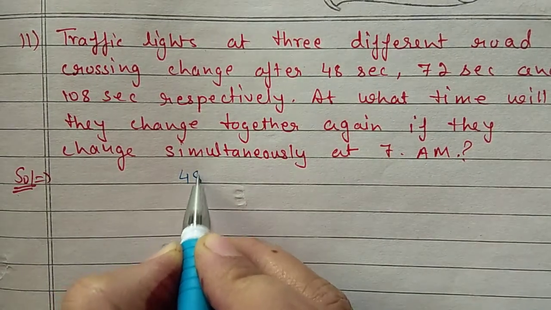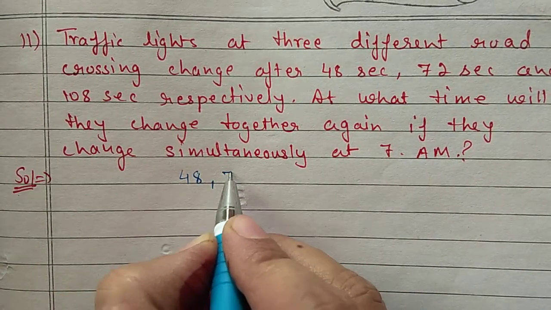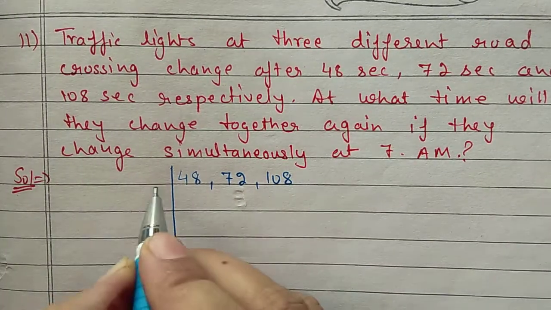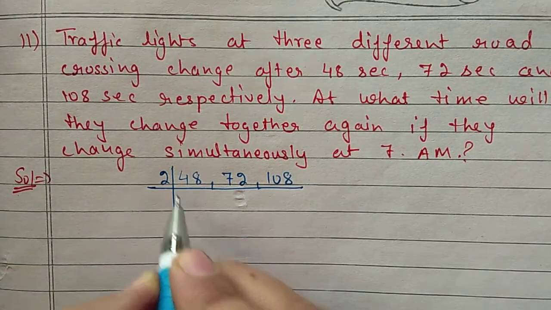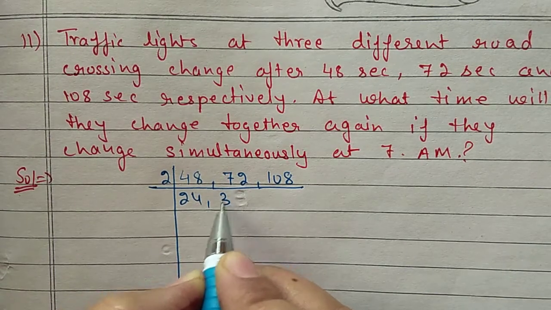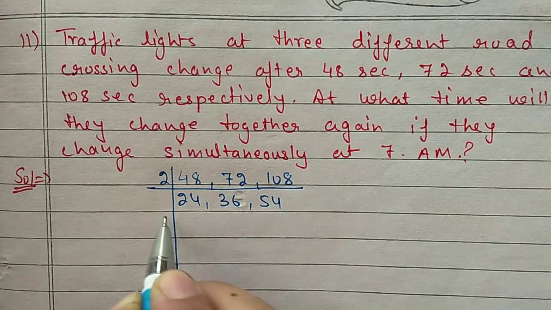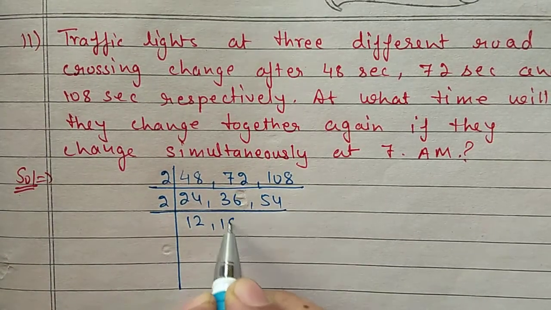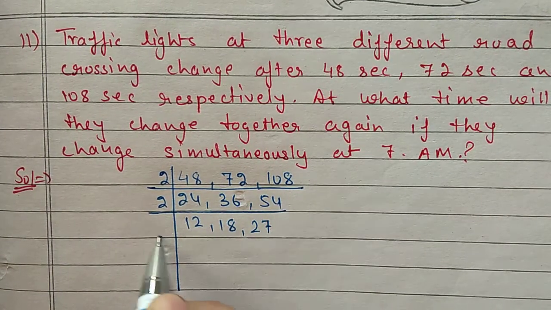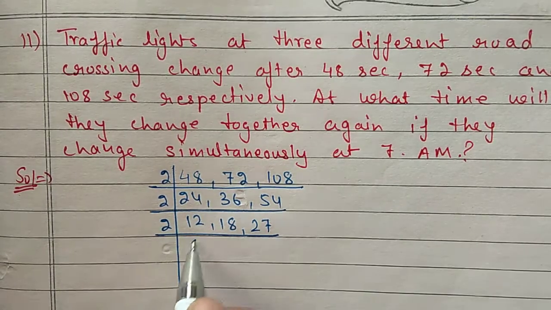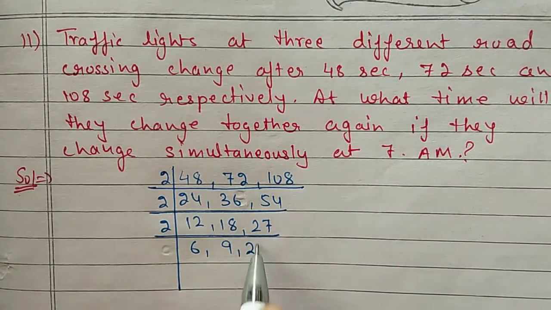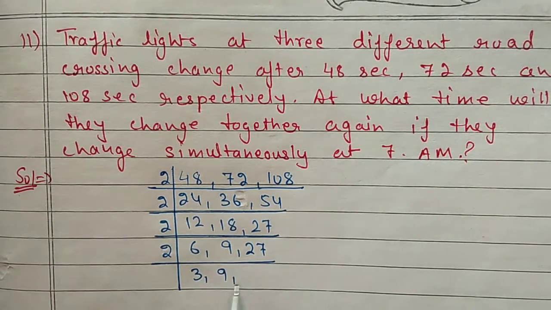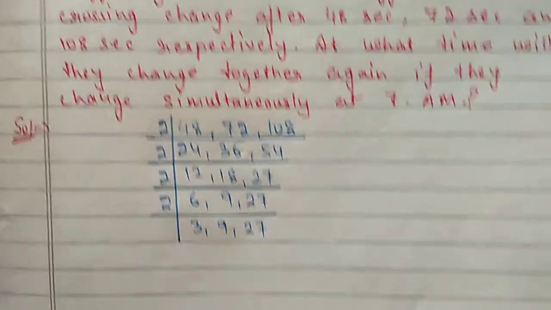So first we will find the LCM for 48, 72 and 108. It will go with 2: 24 times, 36 times and 54 times. Again with 2: 12 times, 18 times and 27 times. Then 6 times, 9 times and 27 times. 3 times, 9 as it is and 27 as it is.